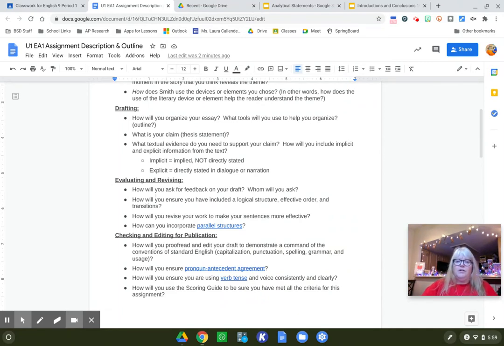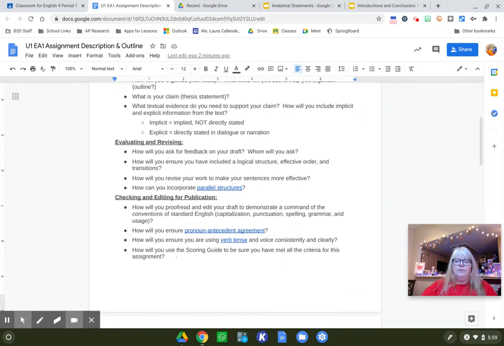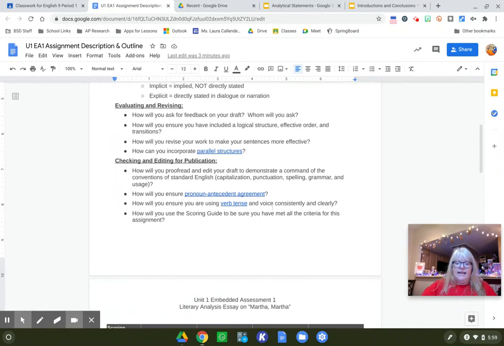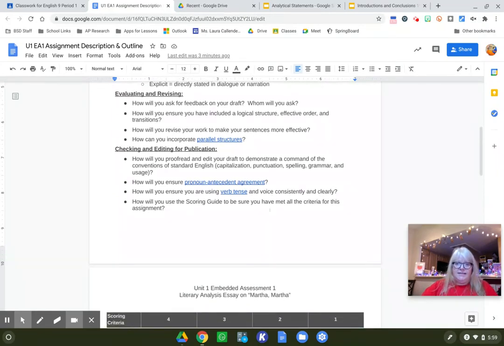So a partner will look at your strengths and then look at areas of improvement and help you strengthen your paper before you turn it in. So then you will go through and edit for punctuation, capitalization, spelling, content, areas where you need more information or evidence, or maybe something isn't working and you need to take it out. And then you will finalize it and make sure you get it turned in by Sunday.